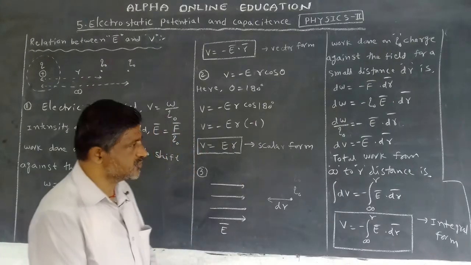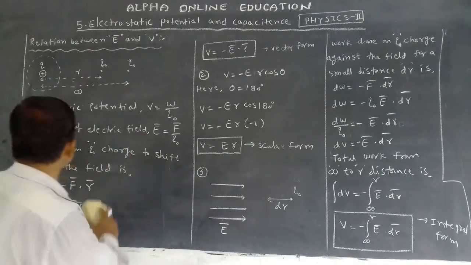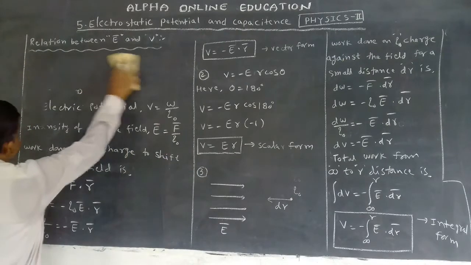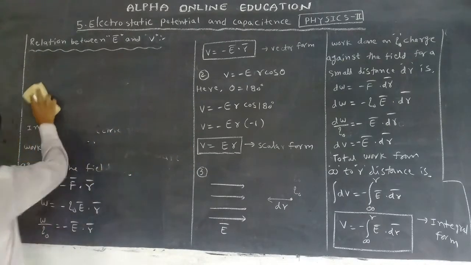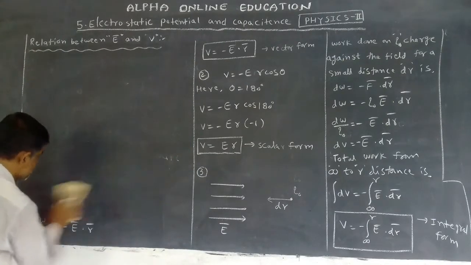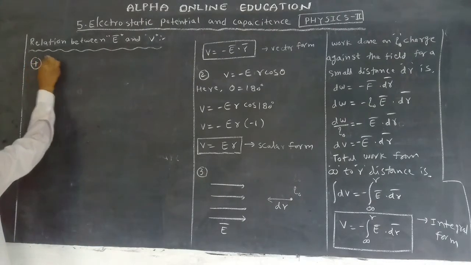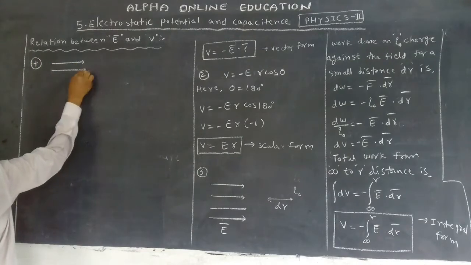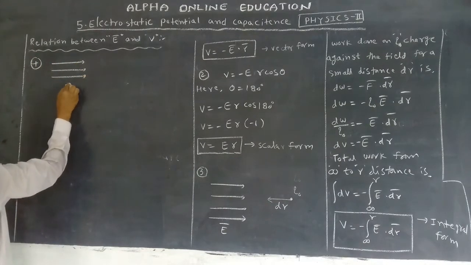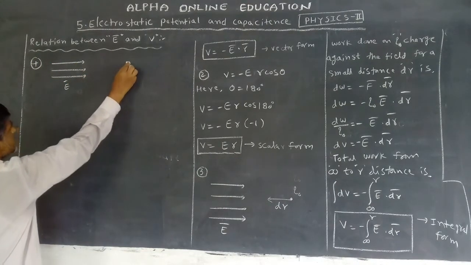Now we want to solve for the differential form. Now the fourth one is how much? Differential form. Now let us see how we can solve it. For the fourth one, let us take this as the direction of the electric field. Now here a charge Q0 is there.